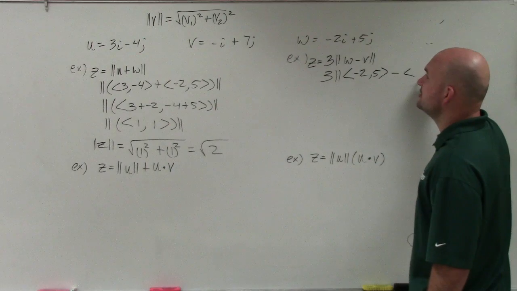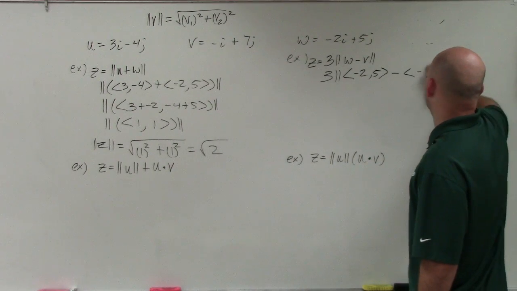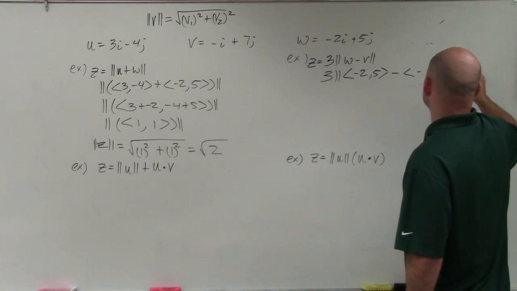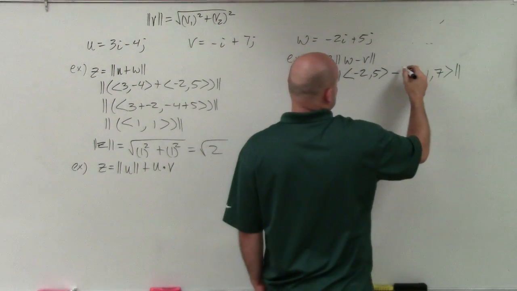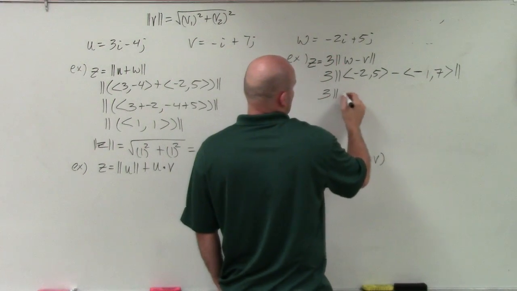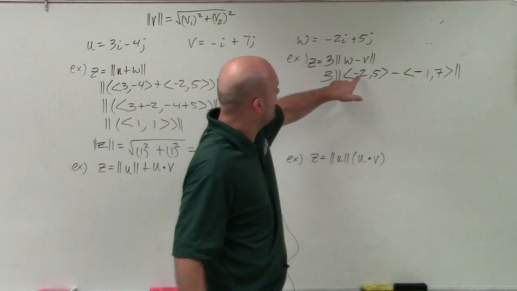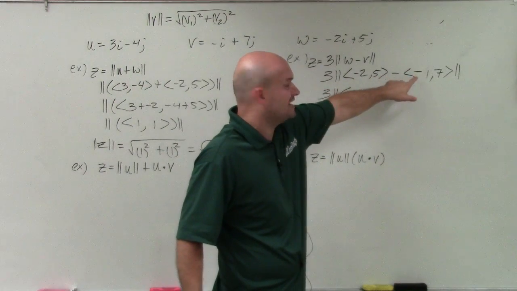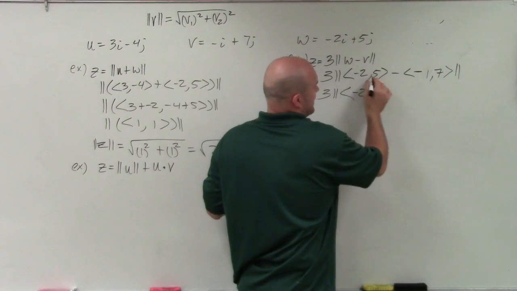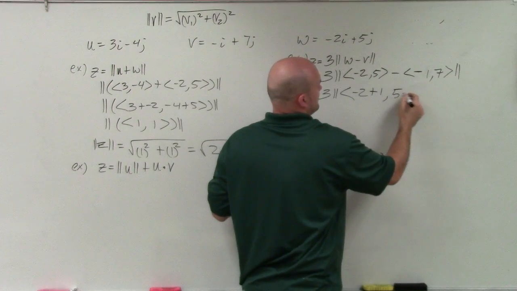I want to make sure I distribute. Actually, I'm going to do this together: -2 minus a -1, which is adding, so that's -2 plus 1. And then 5 minus 7.